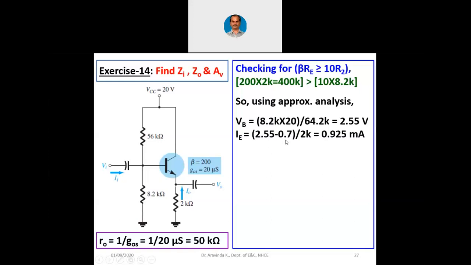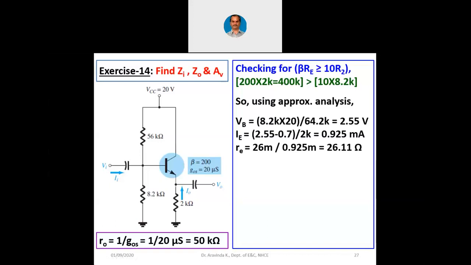VE is 2.55 minus 0.7 and RE is 2K. We get IE as 0.925 milliamps. Now we can easily find small re, that is 26 millivolts divided by IE. We get 26.11 ohms.